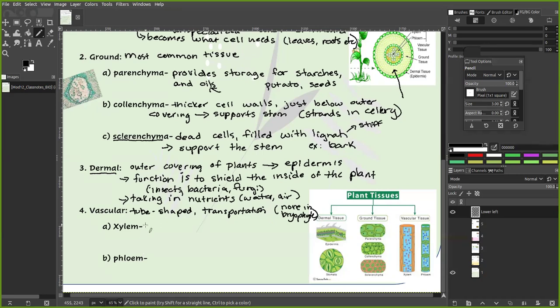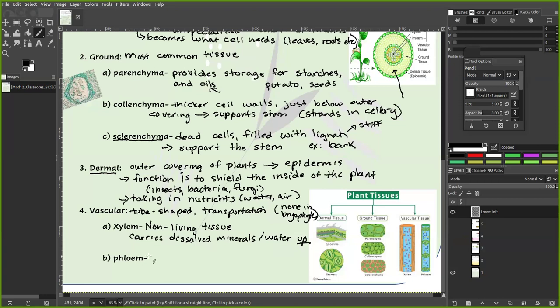Now, the xylem is non-living tissue. It's still tubes, it's still transporting, but it's not living. And this carries dissolved minerals and water up from the roots.